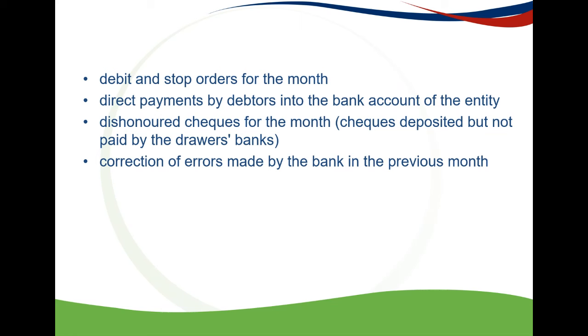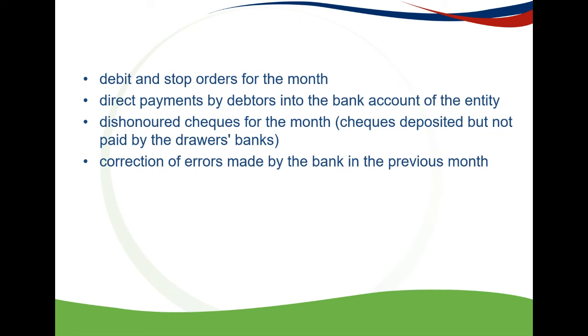Debit and stop orders for the month will also appear on the bank statement. You might have a debit order for your insurance. You might have a debit order for your armed response. You might have a debit order for your rentals. So those things will appear.